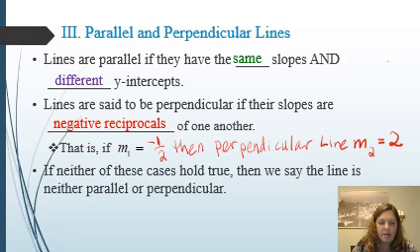Because the reciprocal of 1/2 is 2, so the negative reciprocal would be +2. If neither of these cases hold true, then we say the lines are neither parallel nor perpendicular.